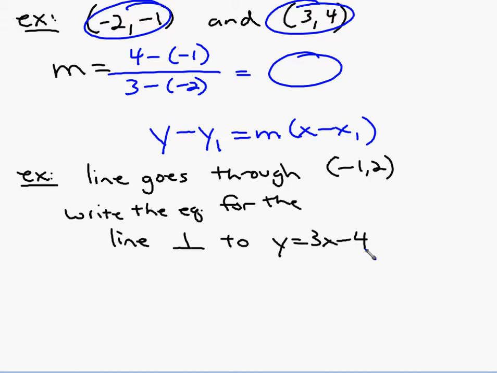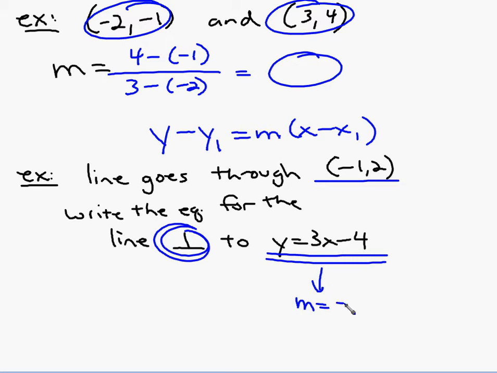So there's a line that goes through this point, (-1, 2), and it's perpendicular to this line. If it's perpendicular to this line, then its slope is going to be negative 1/3, the opposite reciprocal.